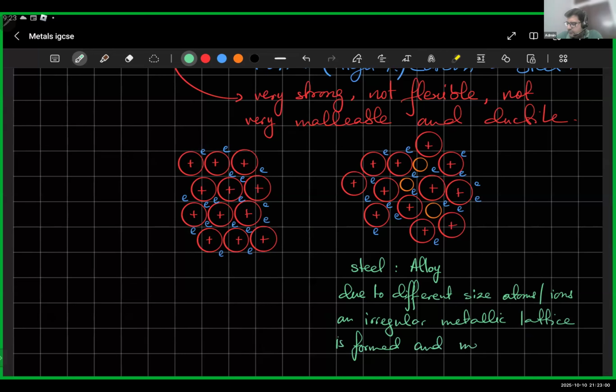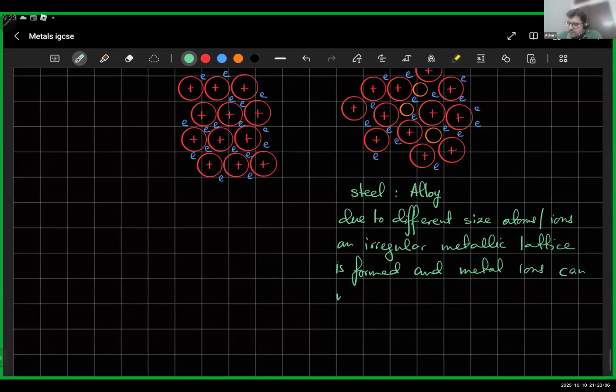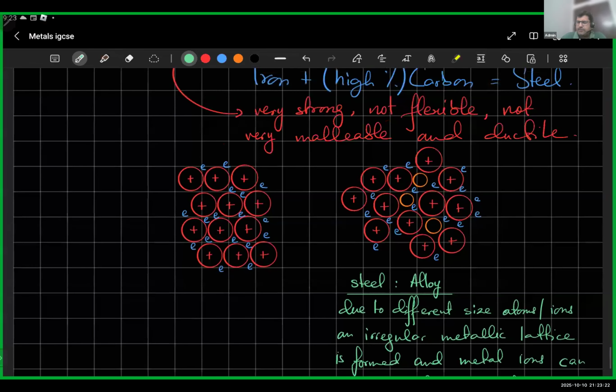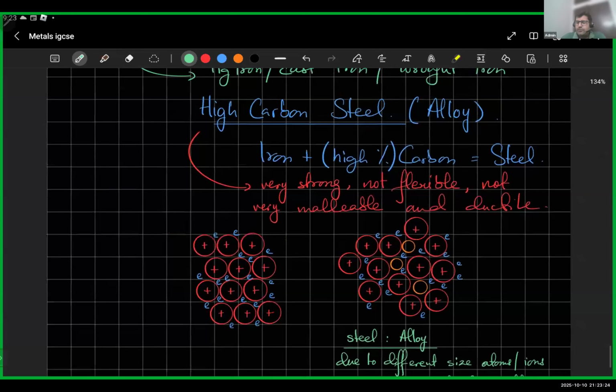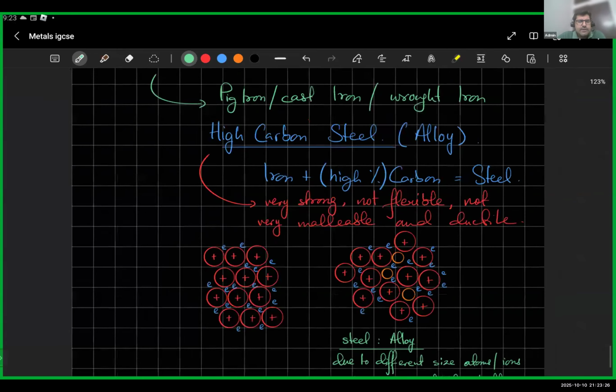And metal ions can no longer slip and slide easily. So that's alloys, ठीक है? तो आपको जो मिल रहा है ना इसमें, what you're getting is steel.